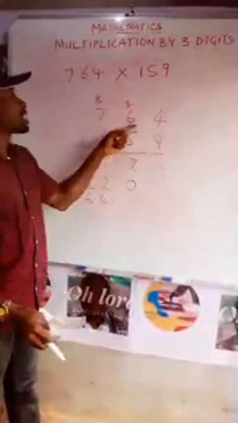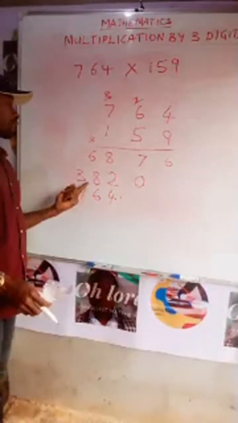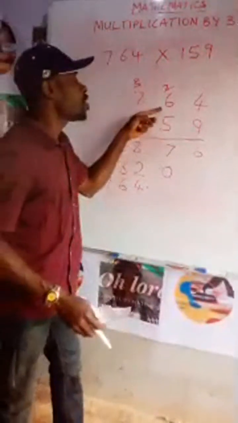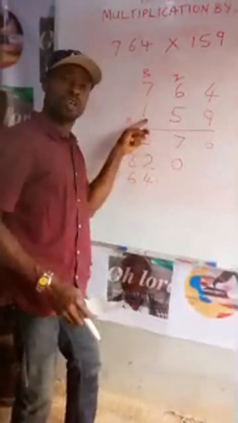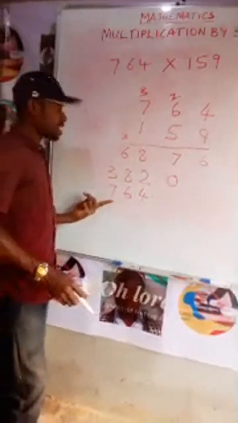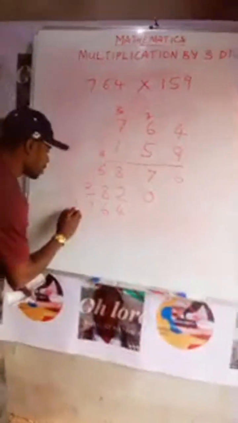So 764 times 5 gives us 3,820. So that means 764 times 1 gives us this same number, which is 764. So you add the numbers together.